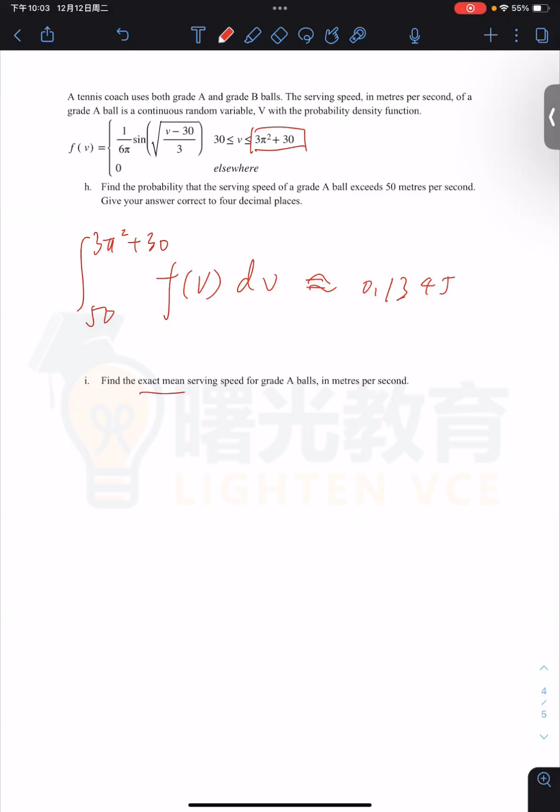Now for the mean of a PDF, we need to integrate over the given domain the variable times the function, dv. All right, just use the calculator to do it. After you work it out, the answer would be 3 pi squared plus 12 meters per second.